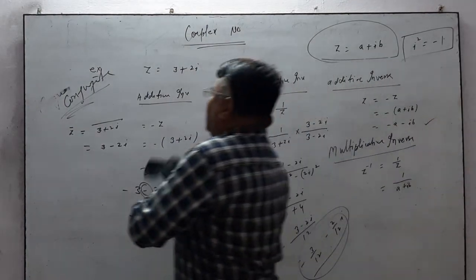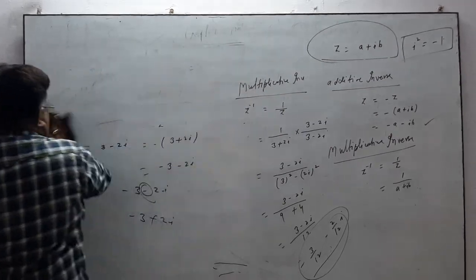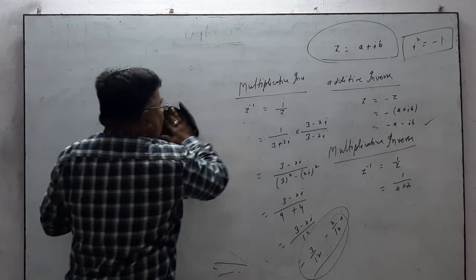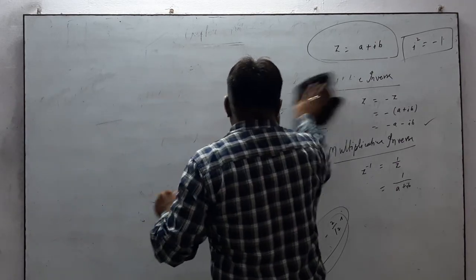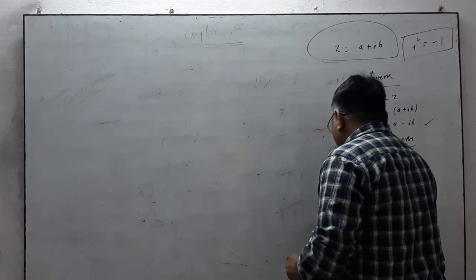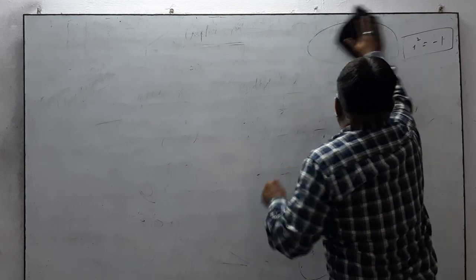Now look here, students, in the previous class we discussed modulus and argument. I think you must have understood. Still, one more question: suppose the complex number is given in division form. This question is given in the miscellaneous exercise of this chapter.